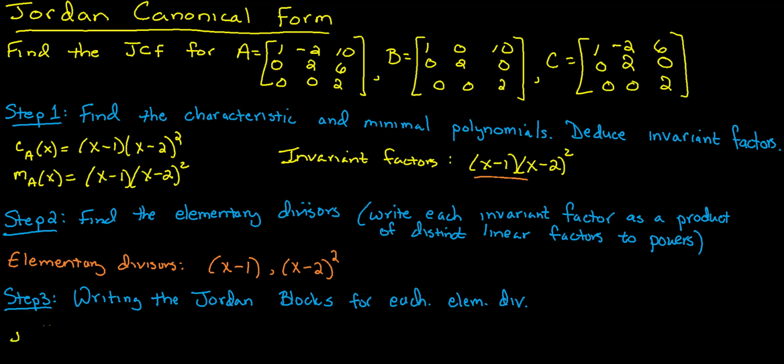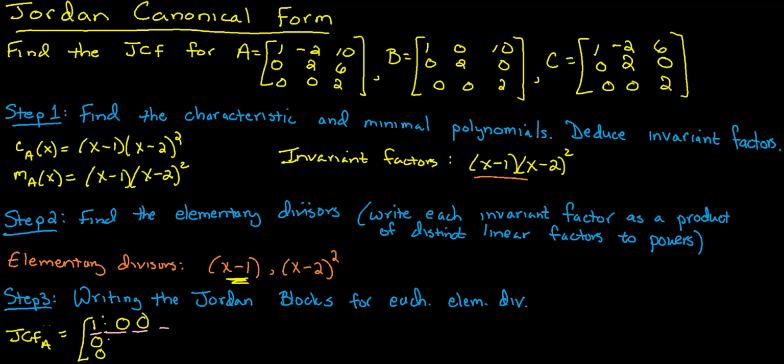I'll write down here my Jordan canonical form for matrix A is going to be a 3x3 matrix. And the first little Jordan block that I'm going to work on here is the Jordan block for the elementary divisor x minus 1. And that's just going to be a 1 in the upper corner, and zeros everywhere else.